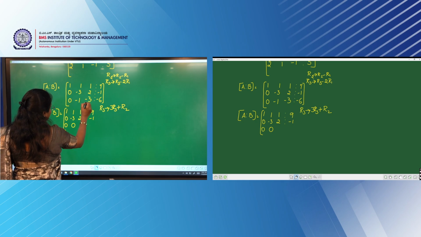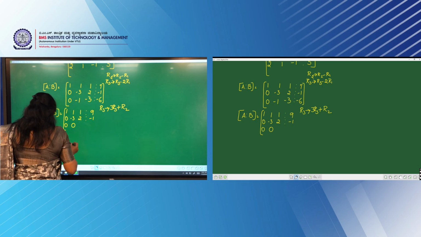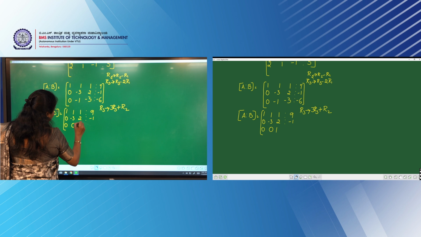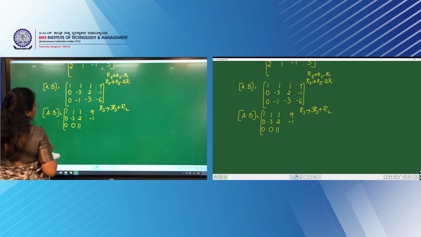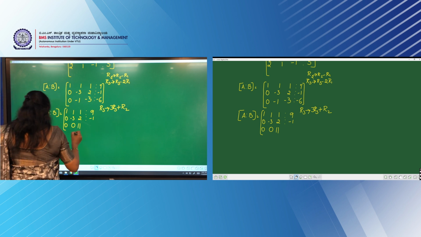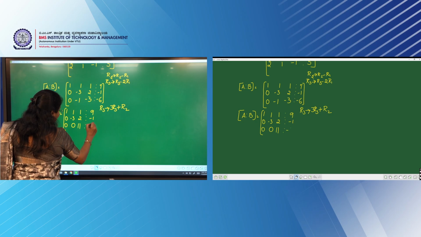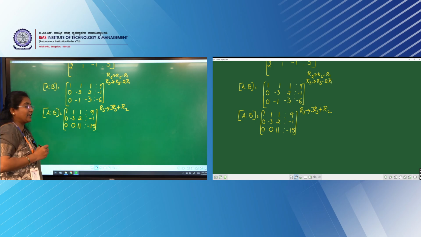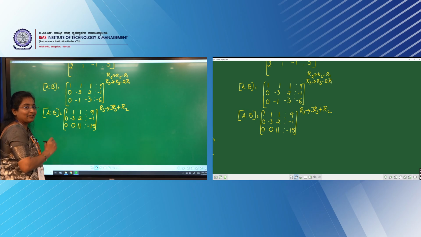Minus 9, minus 2. So that is minus 11, and the constant is minus 15. So now we reduced the augmented matrix to upper triangular matrix.